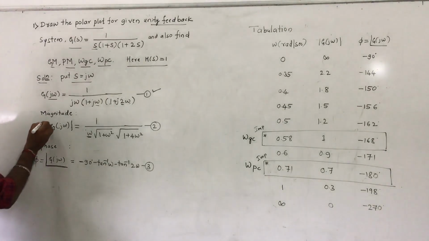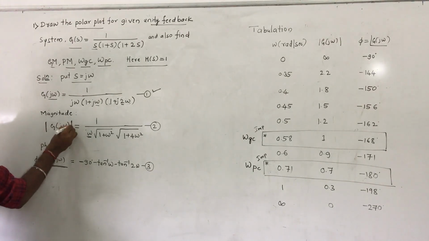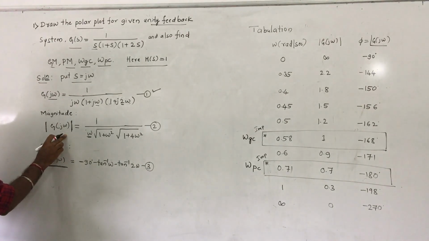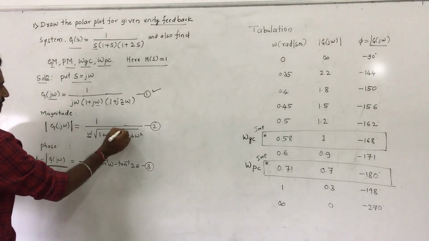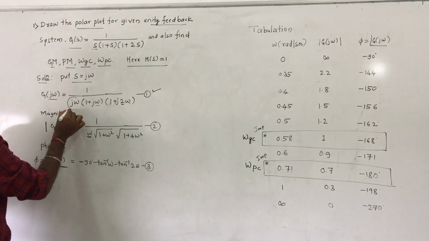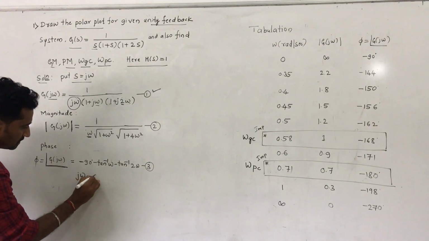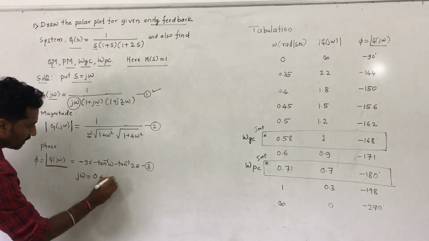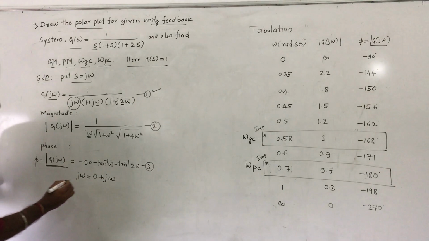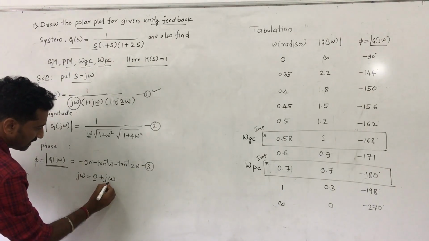So the magnitude of G(j omega) is equal to 1 divided by, how to find the magnitude of this one? This j omega can be written as 0 plus j omega. What is the real part here? 0. What is the imaginary part? Omega.